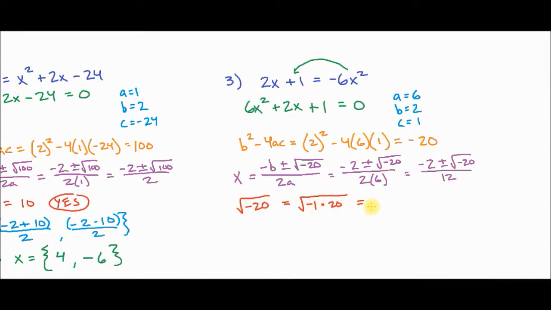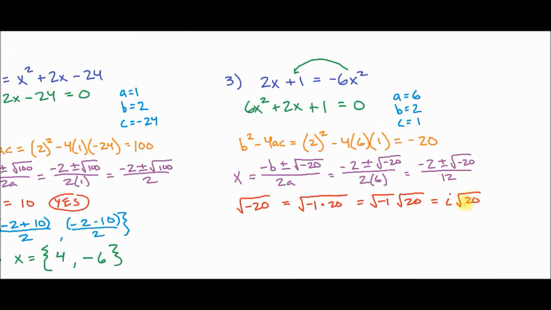And we can rewrite that, class, as the square root of negative 1 times the square root of 20. And we've learned in class that the square root of negative 1, we can represent that mathematically with the cursive i, the letter i, it's got a little tail on it. So i times the square root of 20.